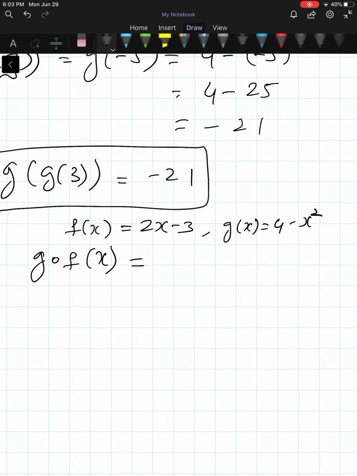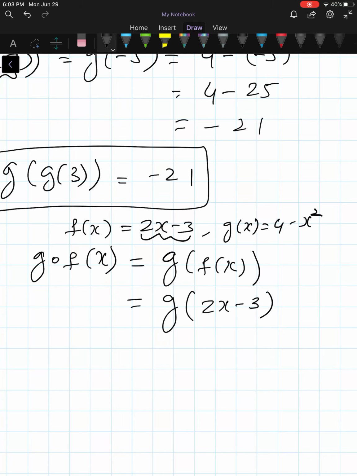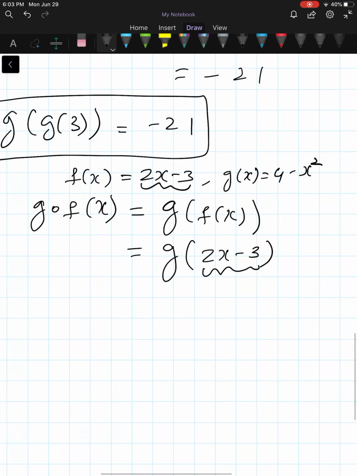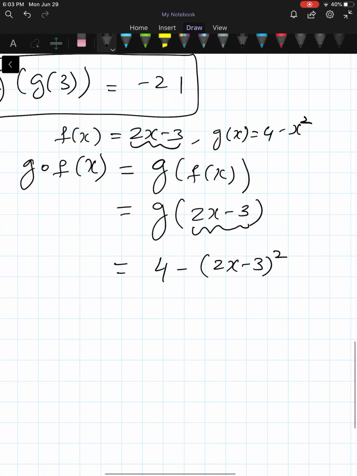Okay, so by definition, g composed with f is nothing but g of f of x, correct? We know that f of x is 2x minus 3, so this will reduce to g of 2x minus 3. So in the place of x, you are going to substitute this whole polynomial 2x minus 3 in the function g. So that would give us 4 minus 2x minus 3 the whole square, correct?